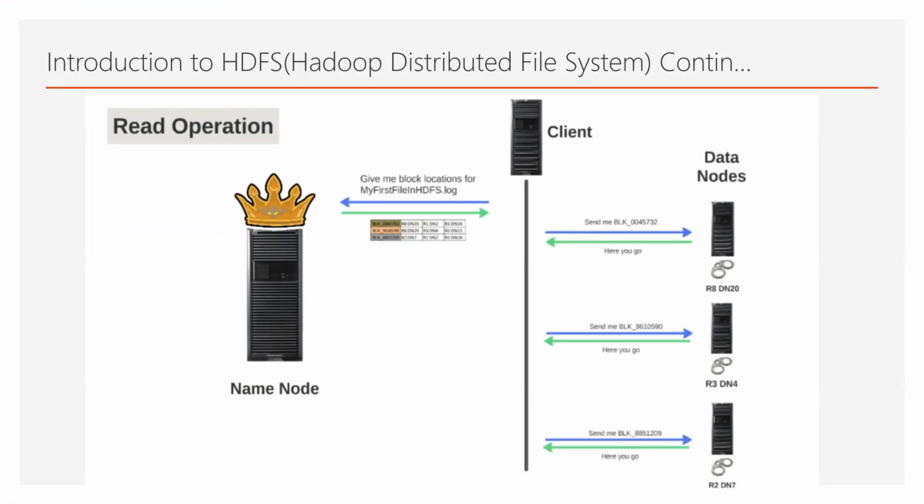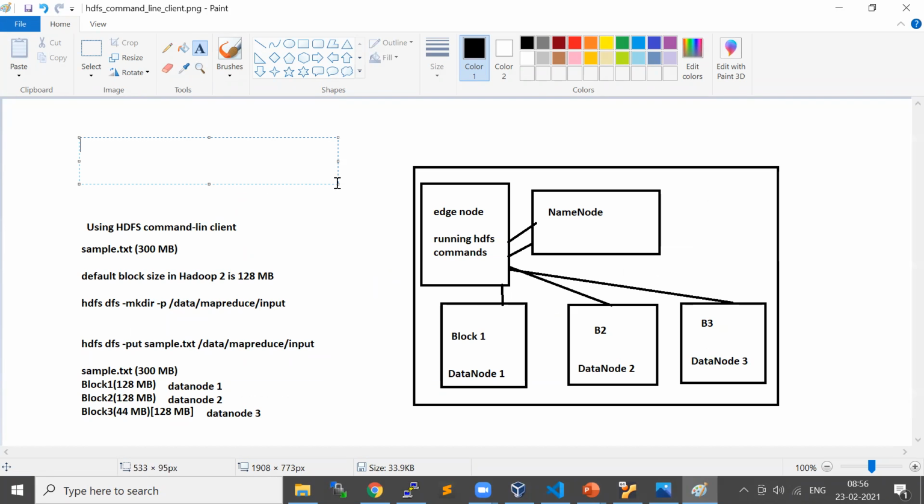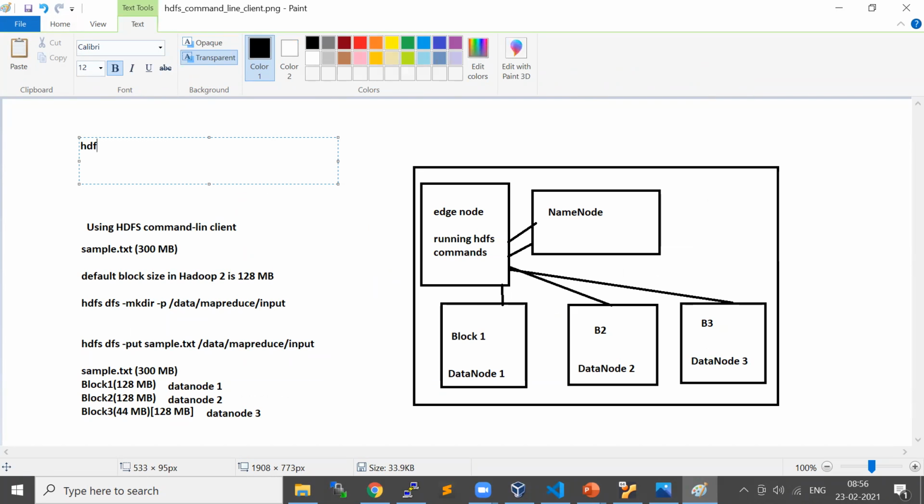the example we generally do, I'll put the command here. I invoke a command called hdfs dfs -get, and I will give the location of the same file I'm trying to get: data, map reduce, input, and sample.txt.